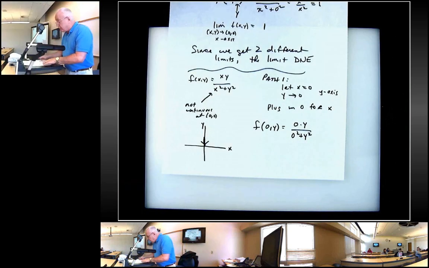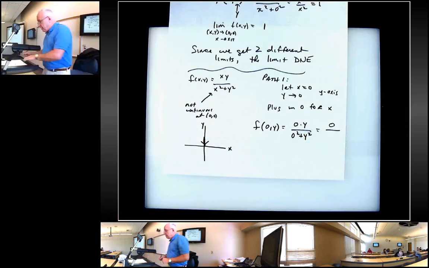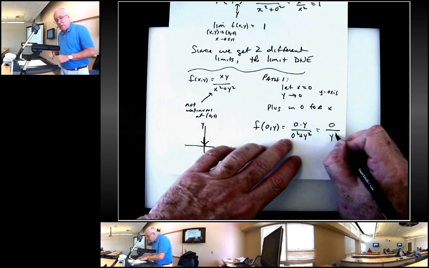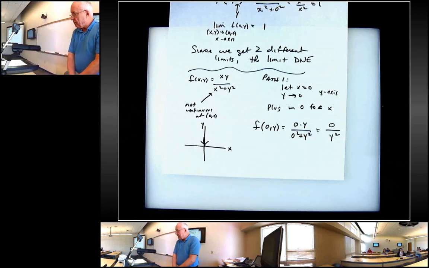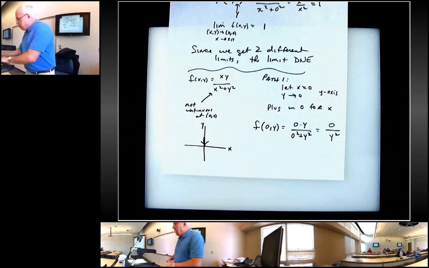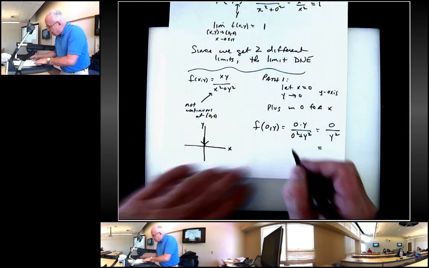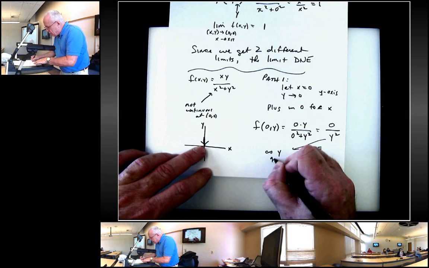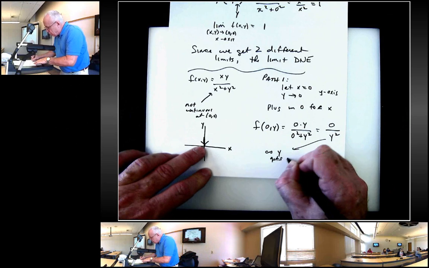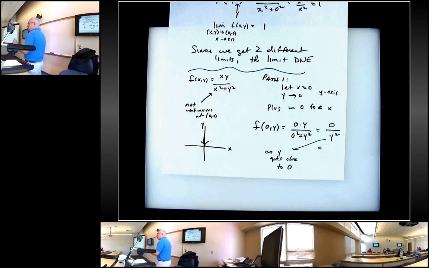And what do we get? The numerator is 0 times anything is 0, and the denominator is going to simplify to y squared. All right? And remember, we're talking about as y gets close to 0. At this point, y isn't equal to 0.